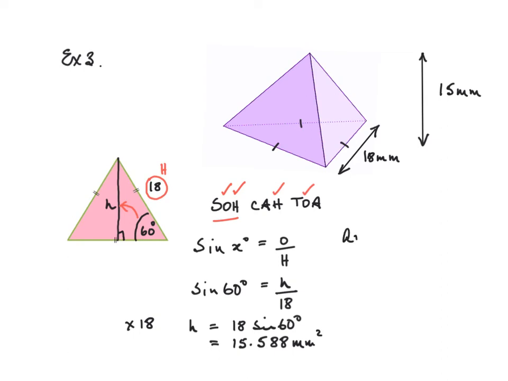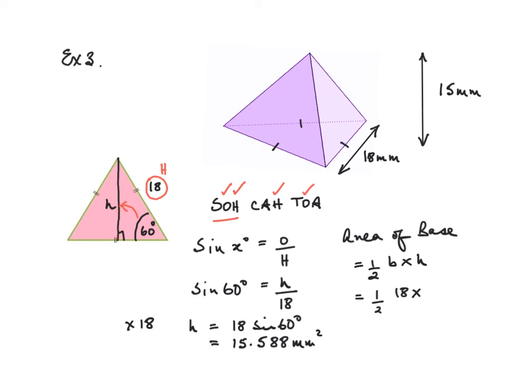Now, the area of the base of the pyramid, which is a triangle, is a half of the base times the height. So that's 1/2 of this. Now we know that's 18, times this height here. We're still working with the triangle, we're not working with the pyramid at the moment.